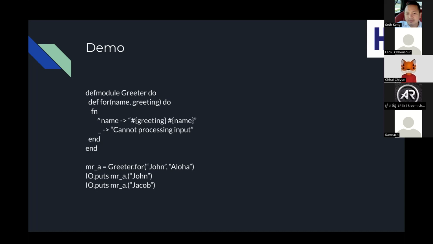If the value of name is what we're looking for, then we print the greeting and the name. We do a string interpolation in there, pound, open parenthesis, close parenthesis. And then anything else, cannot process. It should be just cannot process. I made the typo again.